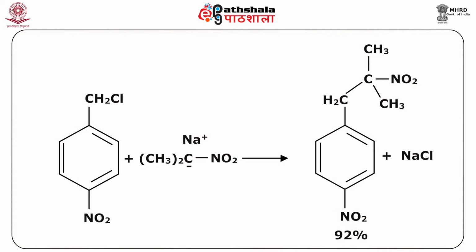In 1949, Haas et al. performed a routine alkylation of 2-nitropropane with 4-nitrobenzyl chloride. The product obtained was mainly the C-alkylated compound A. This compound A is shown to you here, which is a C-alkylated compound formed by reaction of 4-nitrobenzyl chloride with 2-nitropropane.